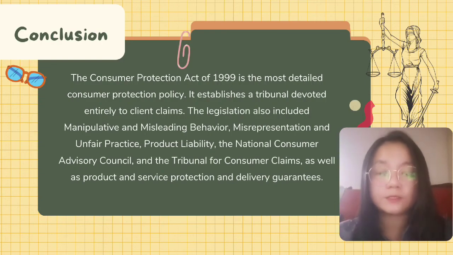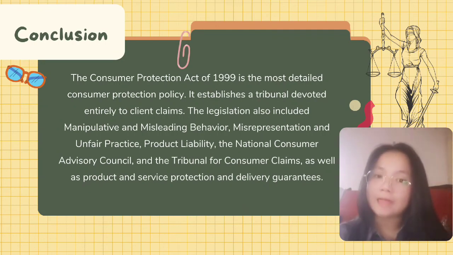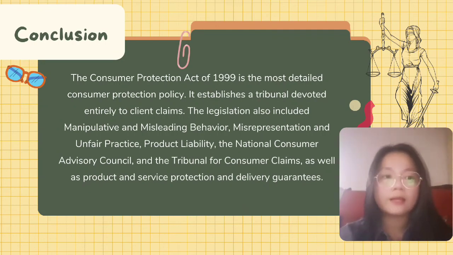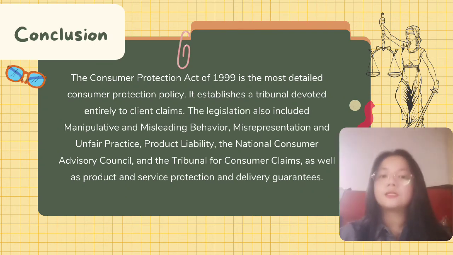As we have reached the end of the presentation, I will be presenting the conclusion of the Consumer Protection Act 1999. In conclusion, the Consumer Protection Act of 1999 is the most detailed consumer protection policy. It establishes a tribunal devoted entirely to consumer claims.